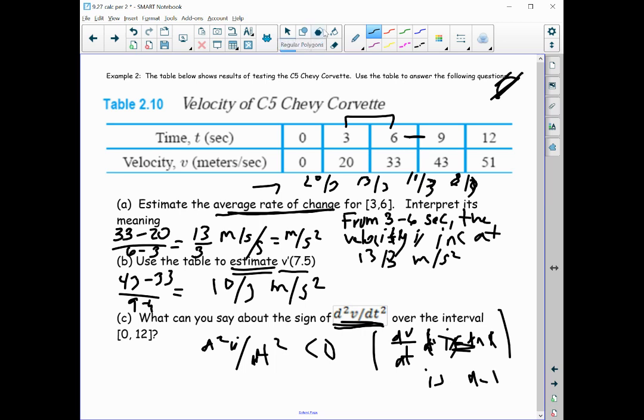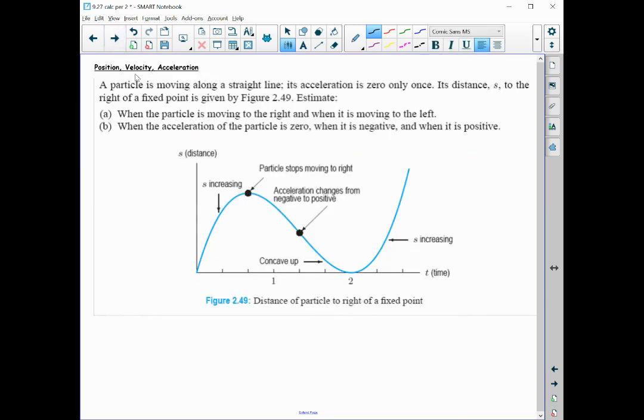Speaking of this example, before I move on, this is measuring velocity, and that is something that we're going to talk over and over again. One of the biggest applications of calculus exists in physics, and if you're currently taking physics, you are going to do these problems a lot from the physics perspective. Position, velocity, and acceleration are three levels of functions that we talk about in the physics world.